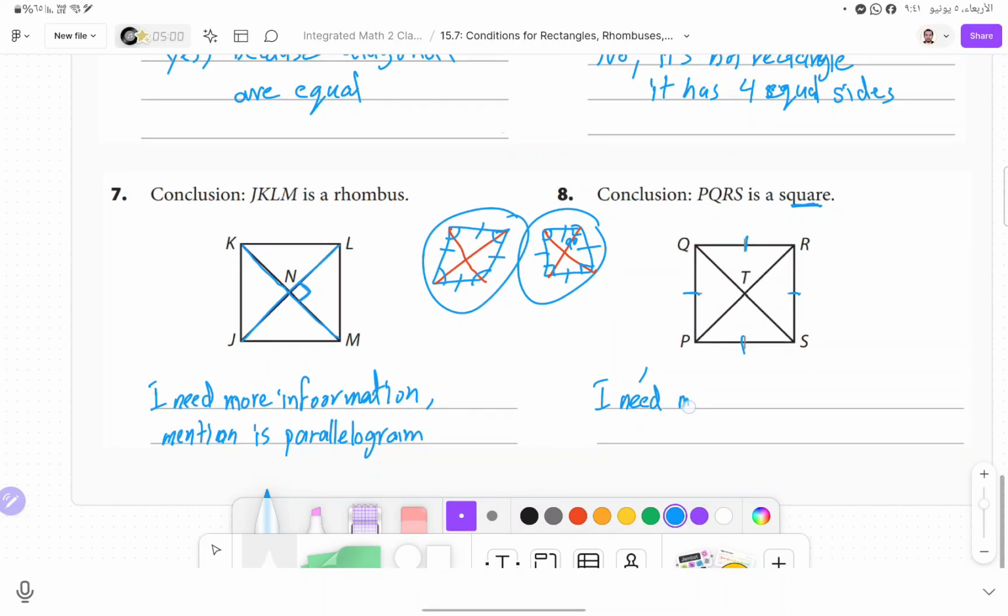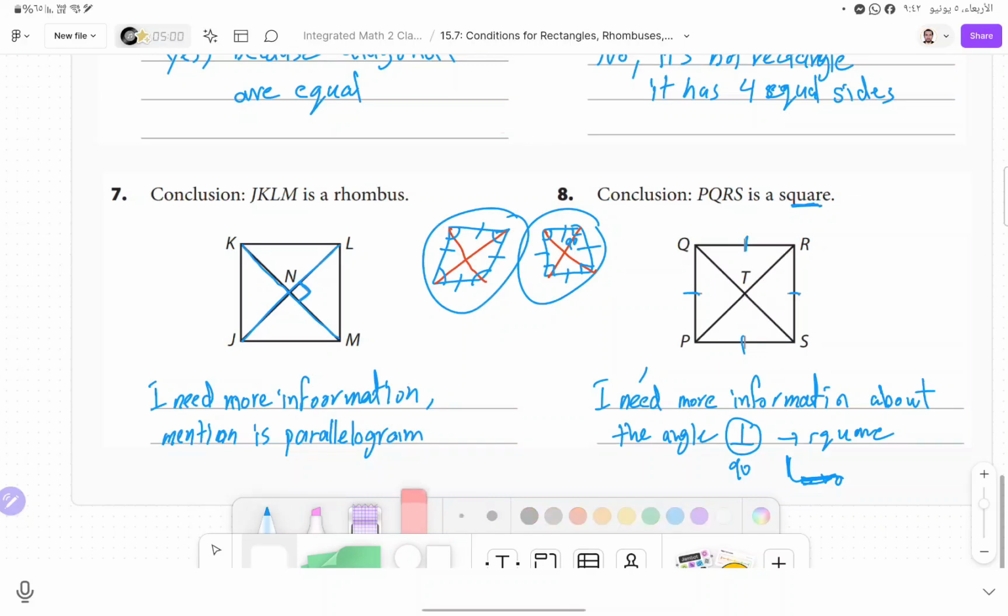So I need more information about the angle. If the angle is perpendicular or equal to 90, it's a square. If it's not 90 or perpendicular, it could be a rhombus. So I need to know more information.